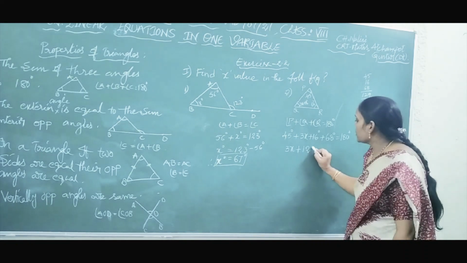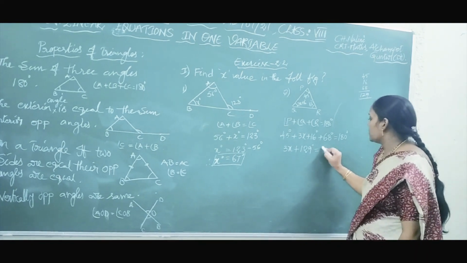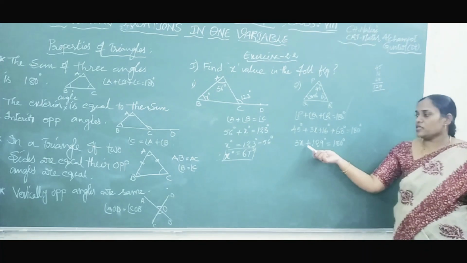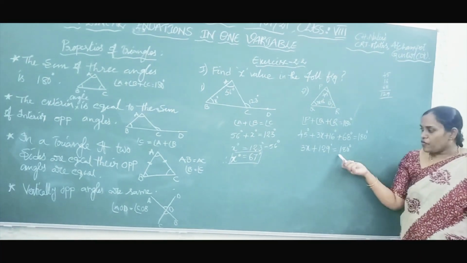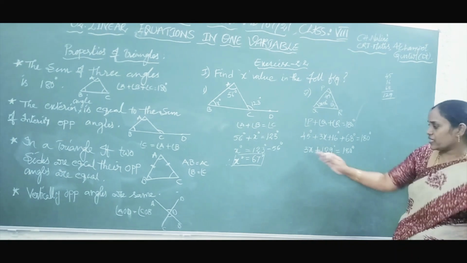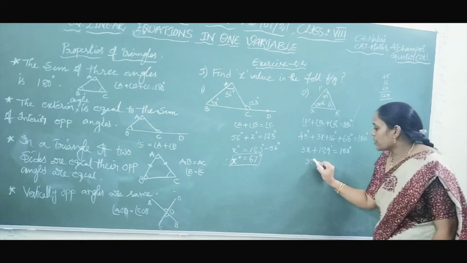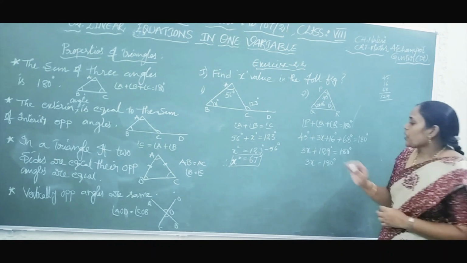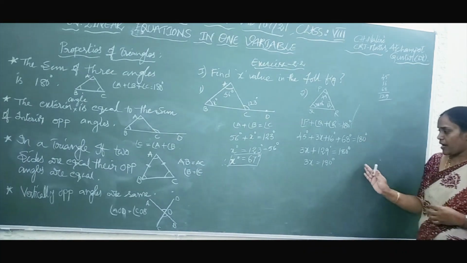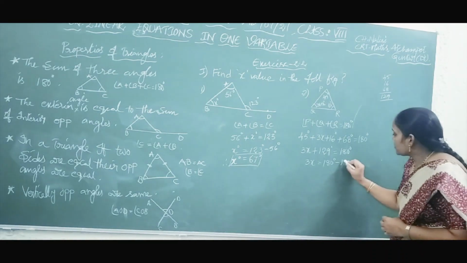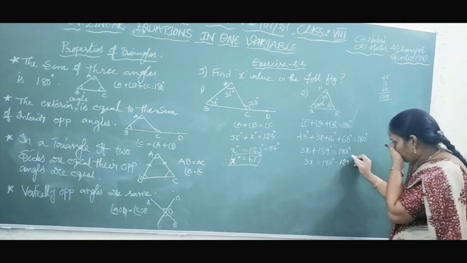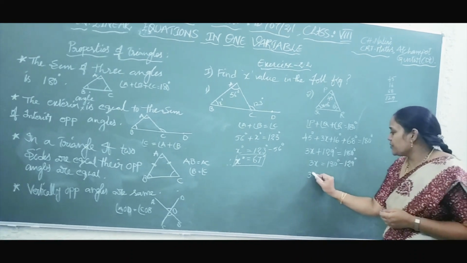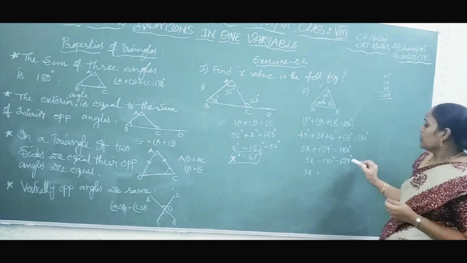Now find the x value. Write 3x, then 180, and 129 transposed to this side becomes minus 129 degrees. Now subtract these two: 3x is equal to 180 minus 129, which gives 51 degrees. Now we have to find the x value.